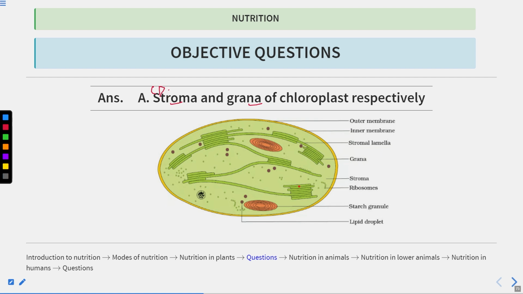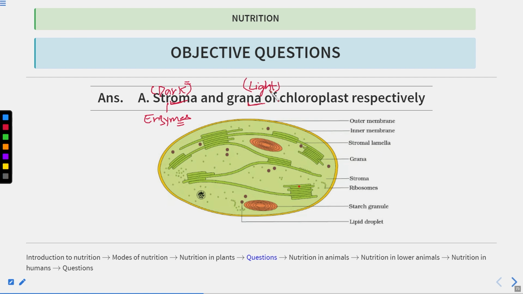The dark reaction, also known as the biosynthetic reaction, the C3 cycle or the Calvin cycle. That takes place in the stroma, where all the enzymes for the Calvin cycle are present, whereas in the grana the light reaction takes place.